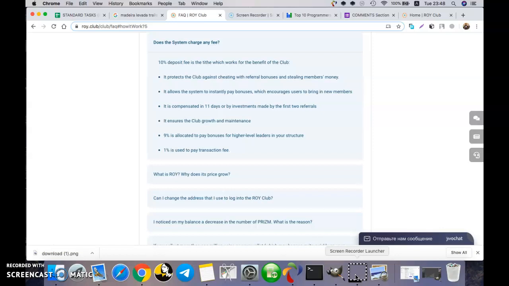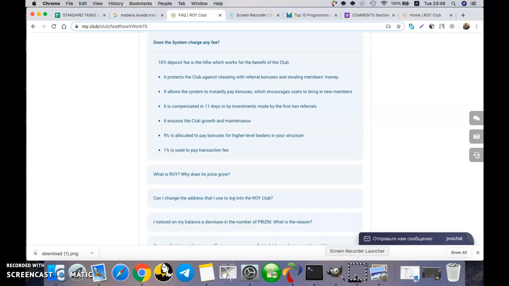So it is also compensated in 11 days or by investments made by the first two referrals, right? So that 10%, in essence, within 11 days would already have been recovered through paramining that's happening within the joint accounts.